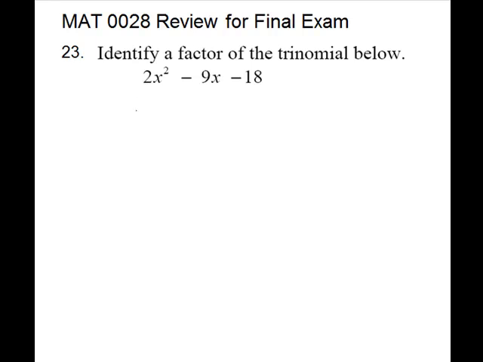So we can go ahead and set up our two sets of parentheses. Remember, it is like a backwards FOIL. We can do our signs. Negative at the end, multiplying to get a negative, you have to have one of each. So a plus and a minus. And then we'll work on our pieces. So first for the 2, we will do 2 and 1.